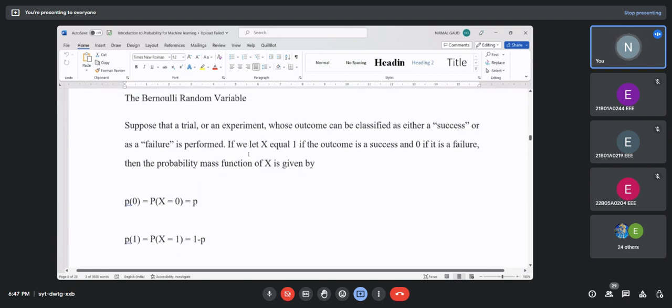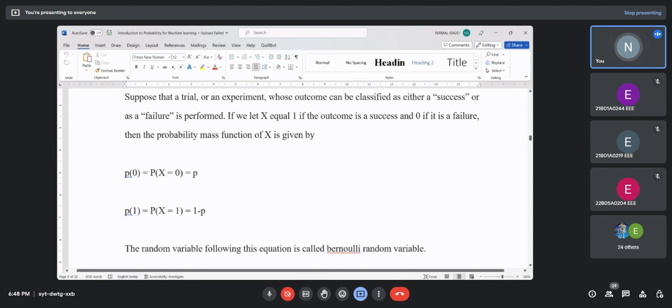we also discussed the Bernoulli random variable, and it's one of the important concepts. For example, we are given a trial or an experiment whose outcome can be classified as either success or failure. That means I have a binary outcome. Here, we let x equal to 1 if the outcome is success, and 0 if the outcome is failure, that means you define 1 for success and 0 for failure.